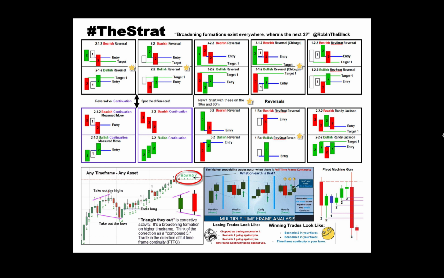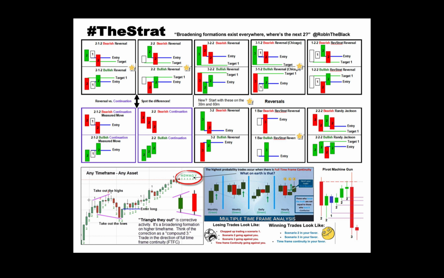There's three things a candle can do, be a 1, a 2, or a 3, and based off of those, there are about 6 main reversals, which we like to trade because reversals give you a very clear entry and a very clear target. There are also continuation patterns, which give you a very clear entry, but then you have to use your judgment on price action and where it's going and how it's acting, and as to where you want to exit.